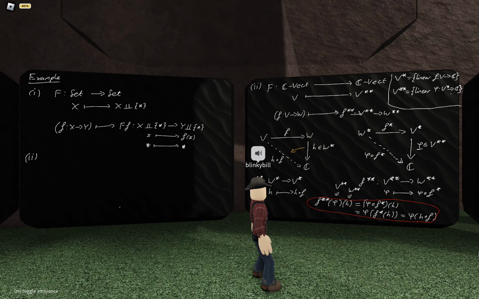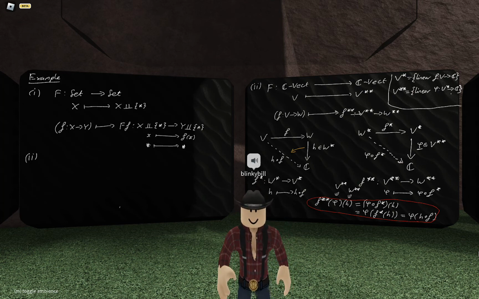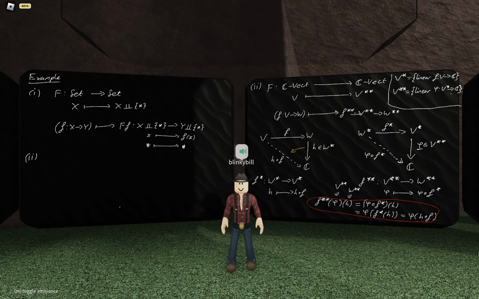I would say that it's kind of difficult and requires some focus, and it's an indication that this equational reasoning and symbol pushing is a bit more complicated than the underlying ideas.